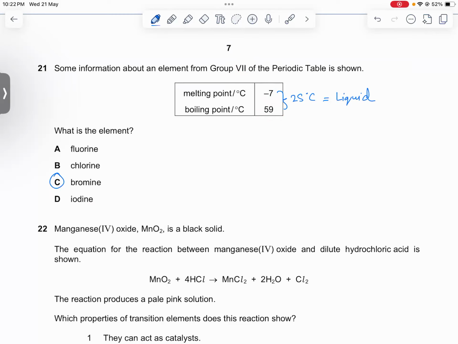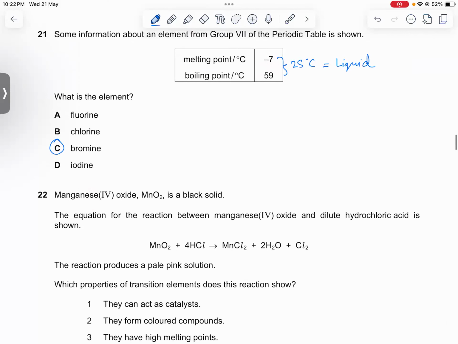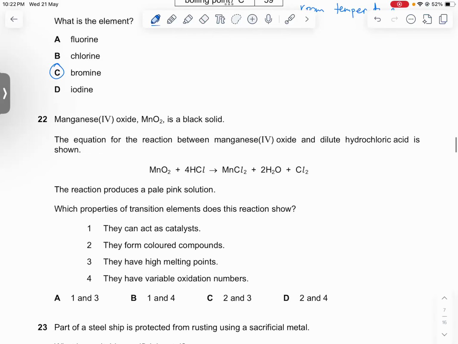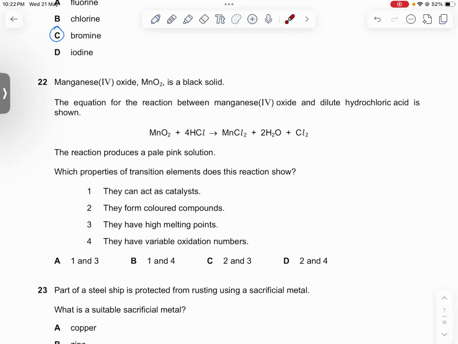Bromine is liquid at room temperature, right? So we can say that halogen is liquid at room temperature.